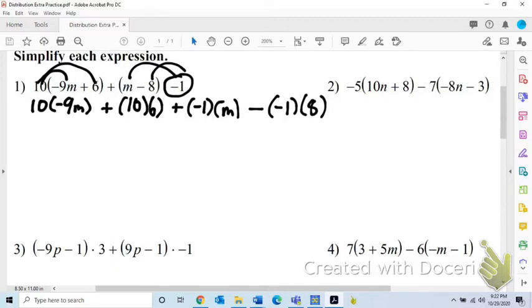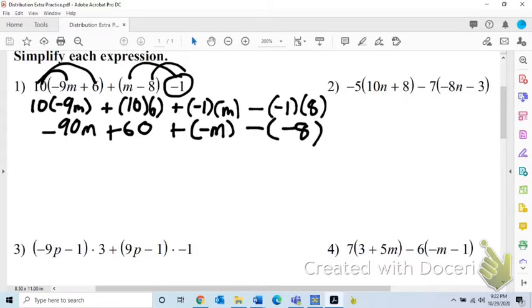So then we do our multiplication. Negative 90m plus 60 plus negative m minus negative 8.